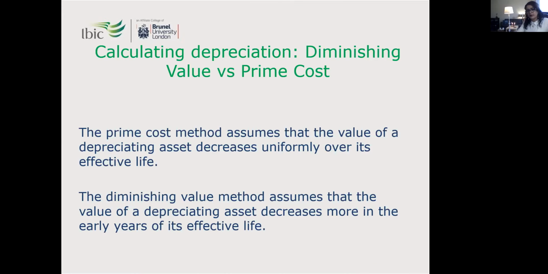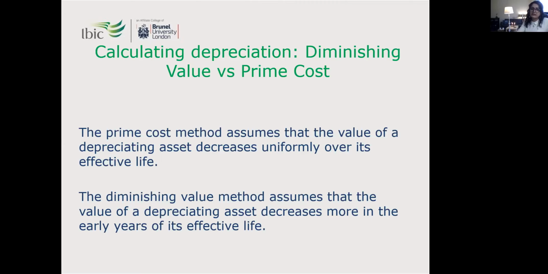So by knowing those key terms, we're going to look at the formula for calculating depreciation based on the second methodology. But right now, we want to find out the difference between the first methodology, which was the prime cost, and diminishing value.